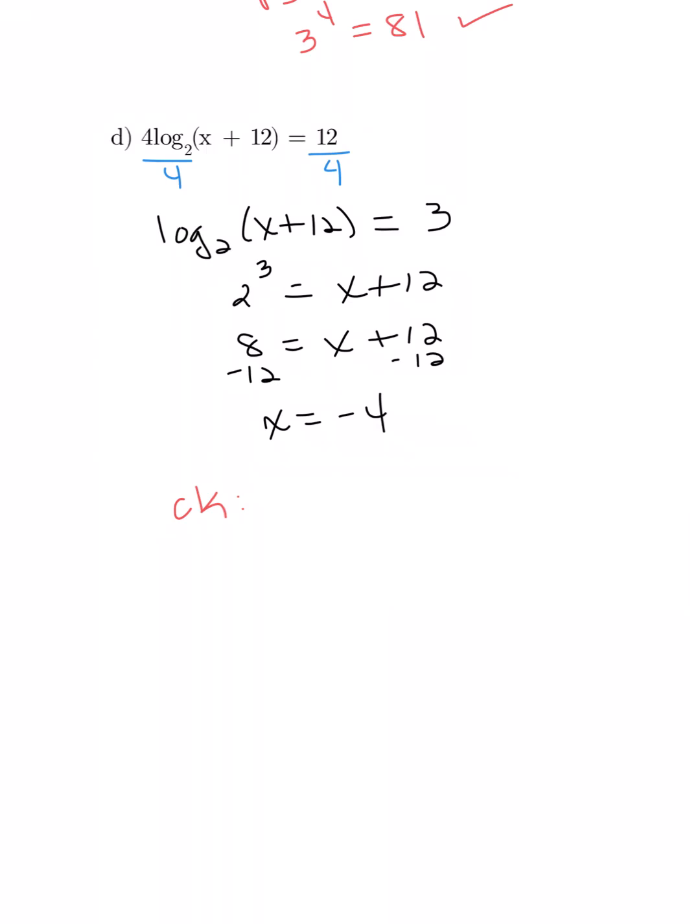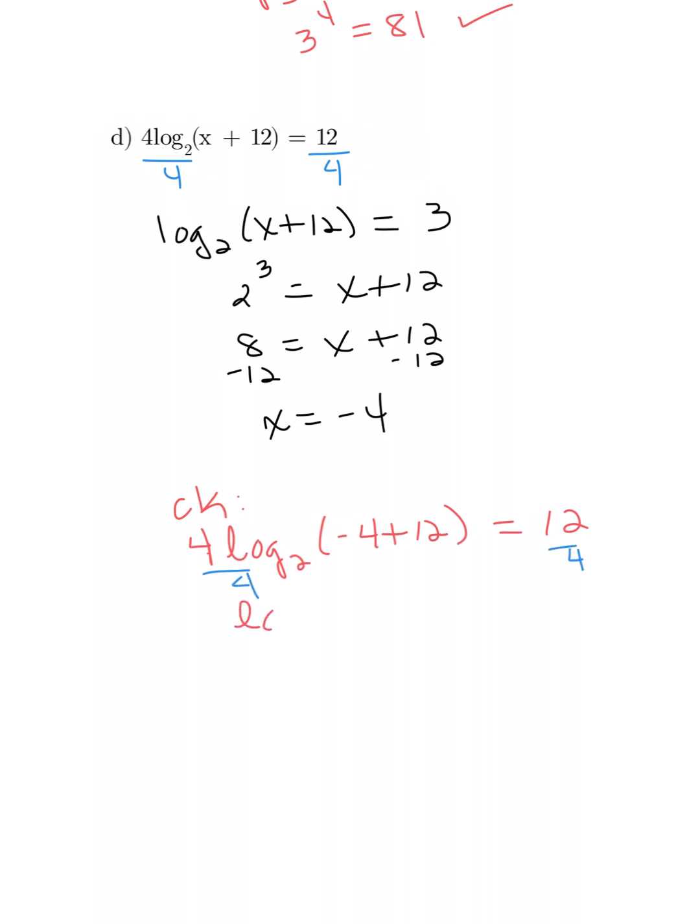Putting negative 4 into our equation, we'd have 4 times log base 2 of the quantity, negative 4 plus 12, equals 12. We still have to divide by 4 on both sides.